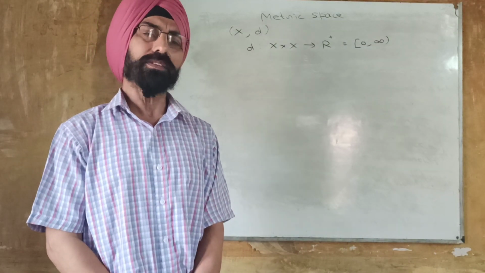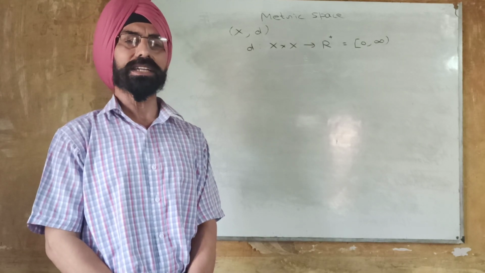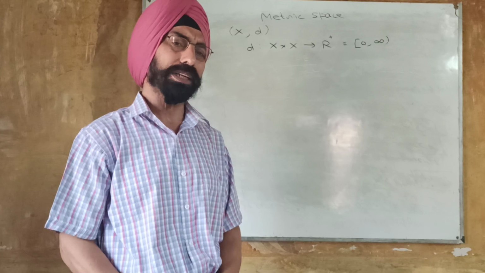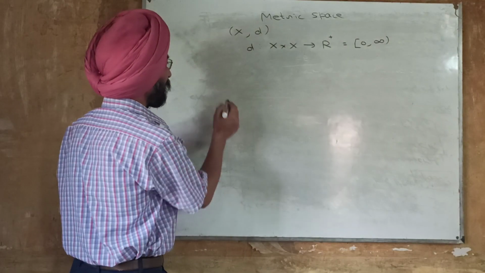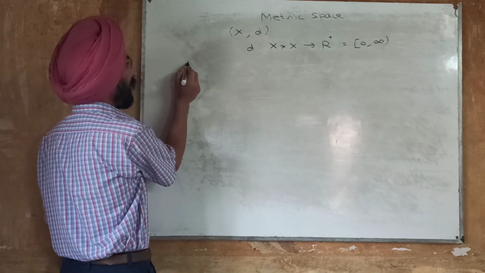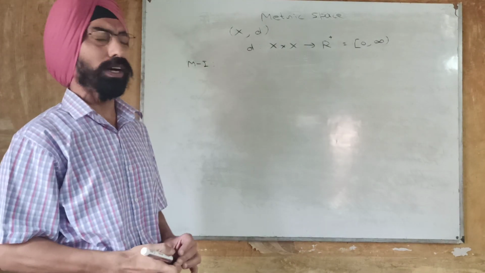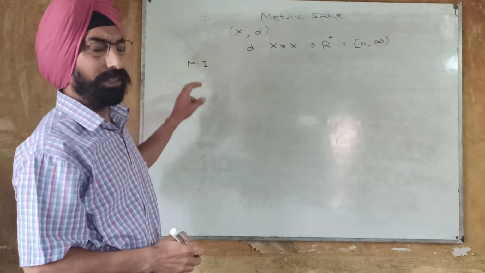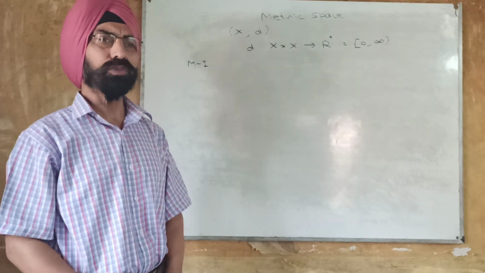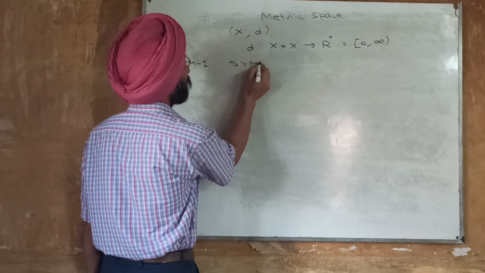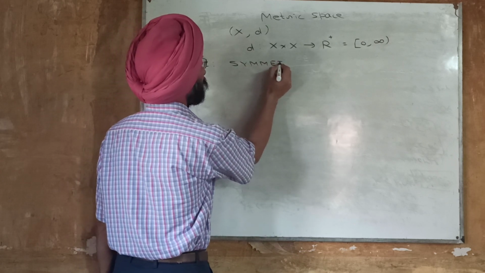Now it is not a simple function, it is a function that will satisfy some properties, some axioms. I'll denote these by M1, M2, M3, because it is metric, so I have taken this M. What is M1? M1 is the symmetry property.